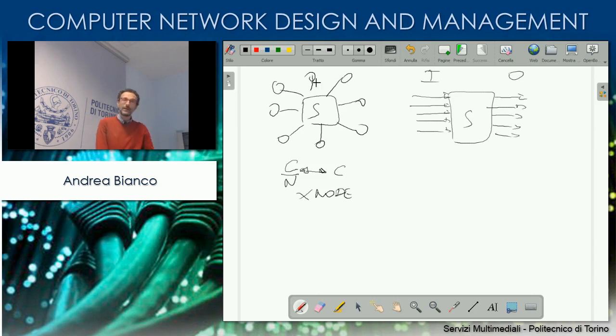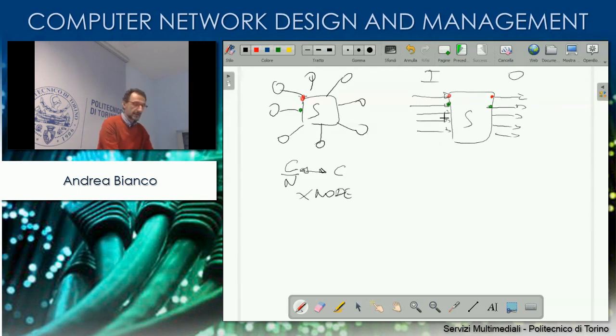In this case, we have bidirectional links, and in this case, we are separating each port into its input part and output part. So this is a single port, a single interconnection point, like here. This interconnection point is divided here and here. This is closer to the physical representation on the left-hand side. This is a logical representation.